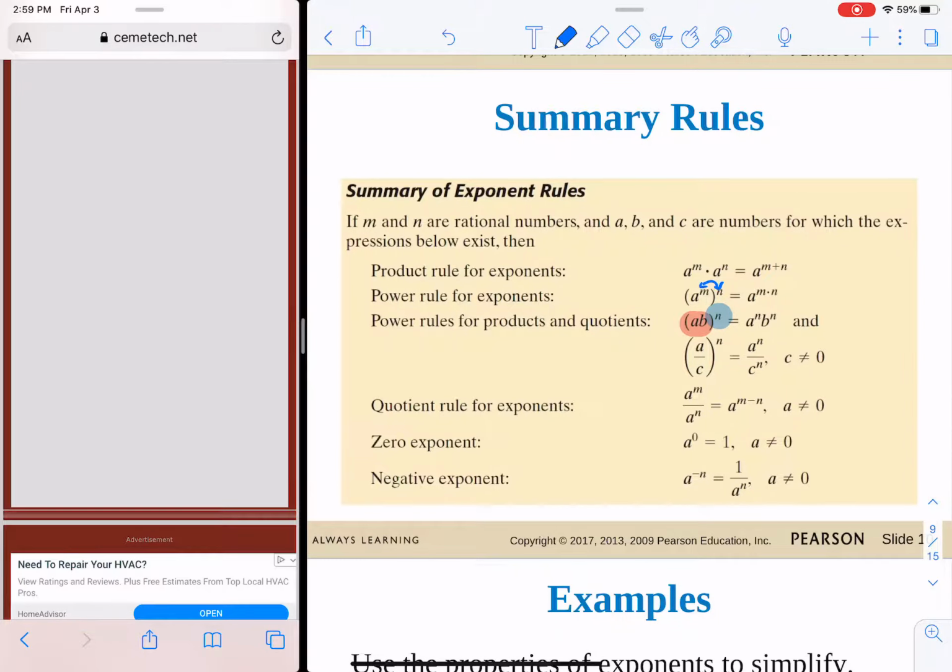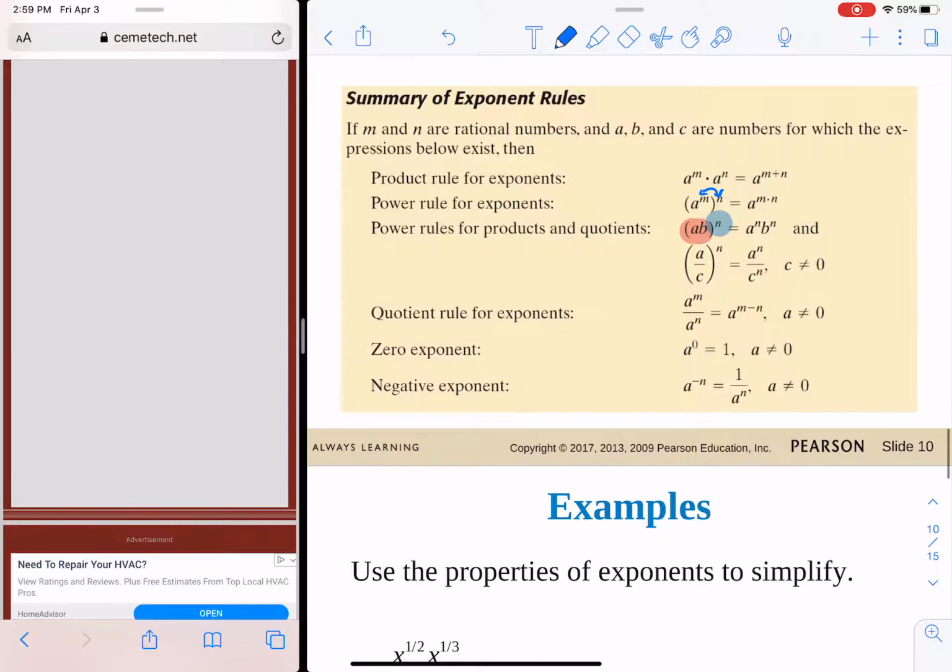The same argument applies for a over c raised to n. I could take that n and apply it to a and apply it to c and write it as a raised to n over c raised to n.